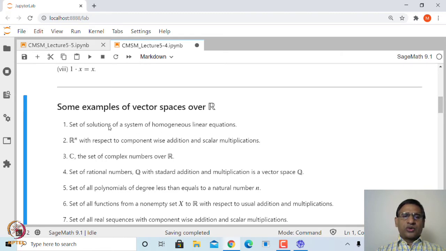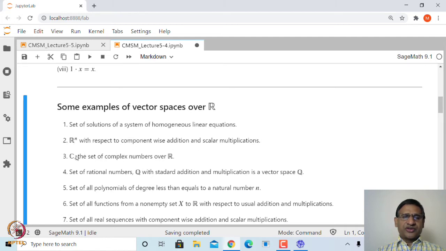The set of all solutions of a homogeneous linear equation forms a vector space, because if you have two homogeneous solutions, say x and y, their addition is also a solution of the same homogeneous equation, and a scalar multiple of a homogeneous solution is also a solution. In general, R^n is a vector space over R, where the addition is component-wise, and scalar multiplication is also component-wise.